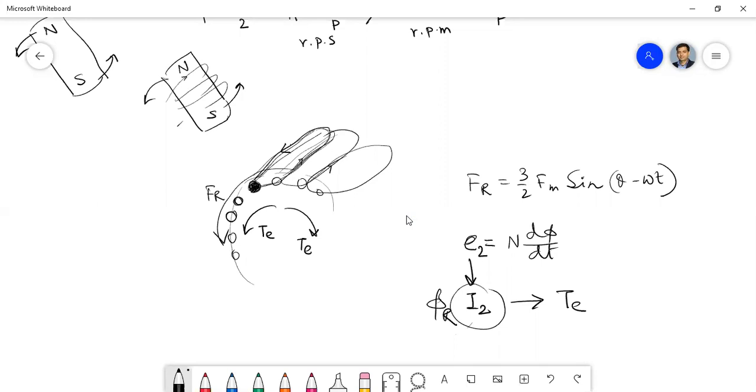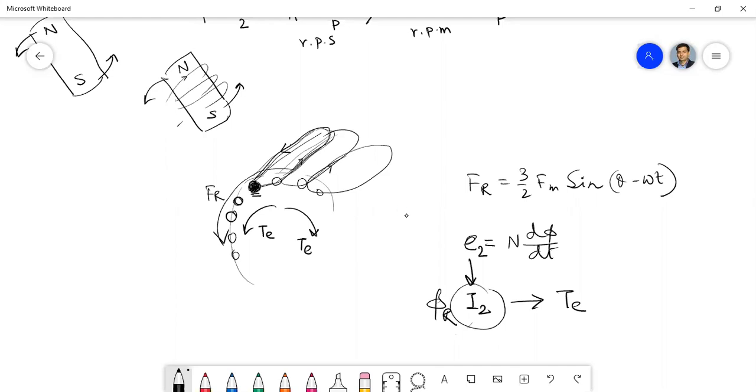Then if we sit at the same point here, what will I experience? এবার যদি আমি নিজেকে ভাবি যে I am sitting on that black point, what will I experience? Because I am also rotating.